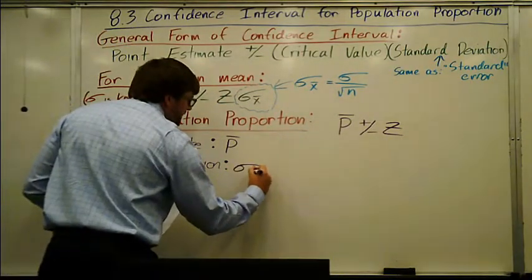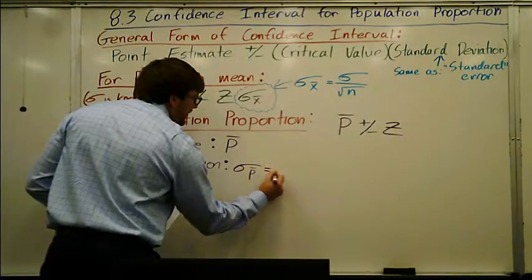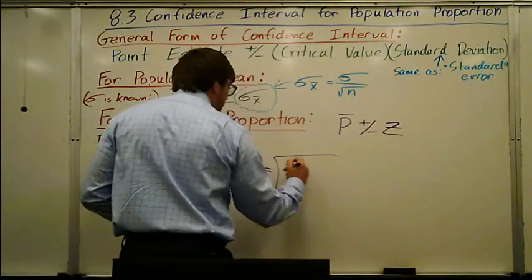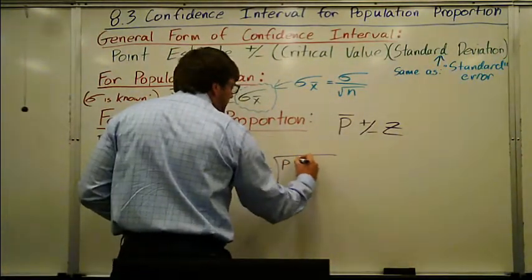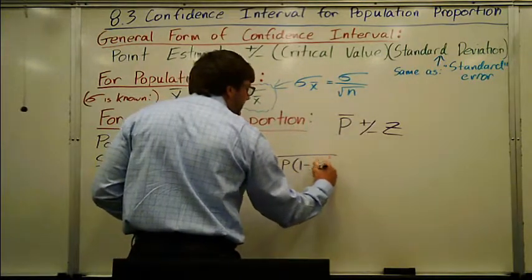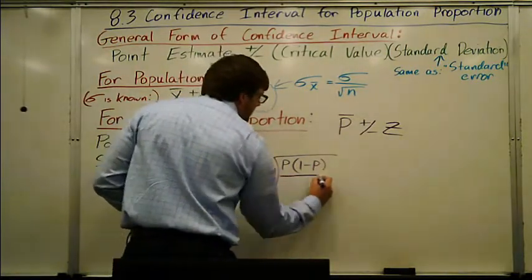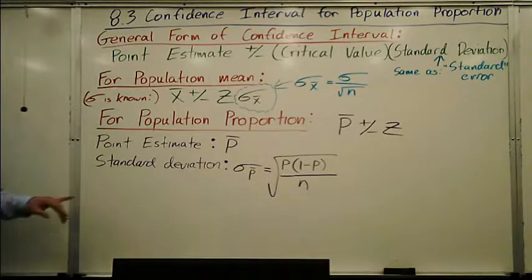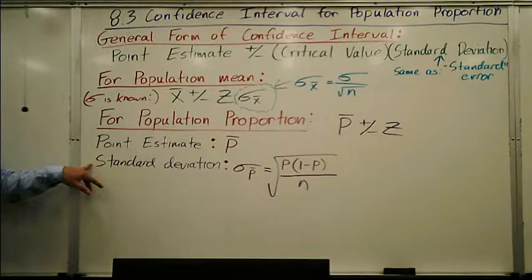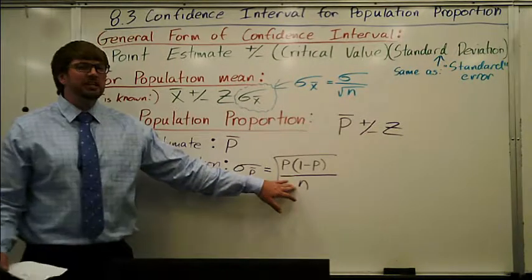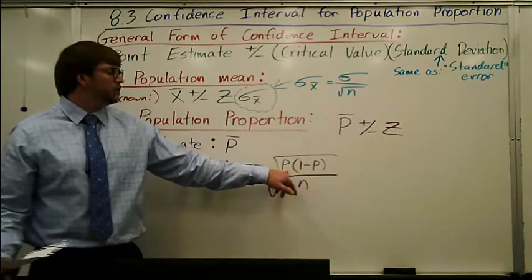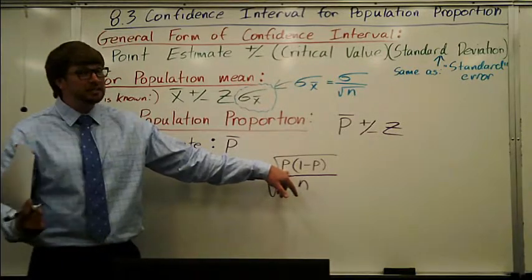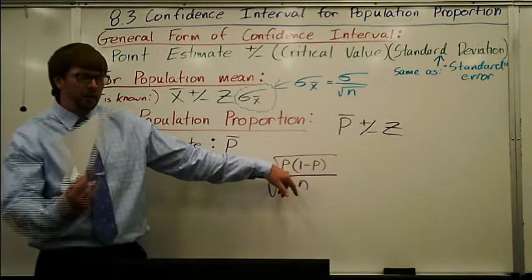So that's sigma p hat, and if you recall from previous sections, that is equal to the square root of the population proportion multiplied by 1 minus the population proportion, divided by the sample size n. Now, for our confidence interval, it's almost identical to this. It's just that you don't know what the actual population proportion is if you're creating a confidence interval to estimate what range it would fall within.